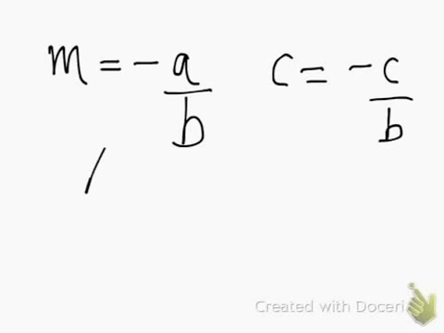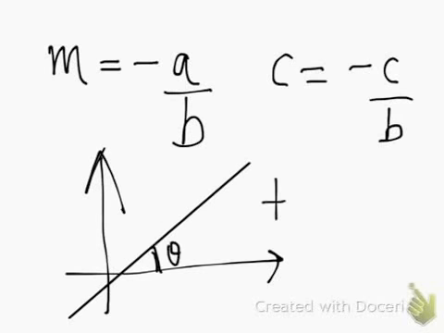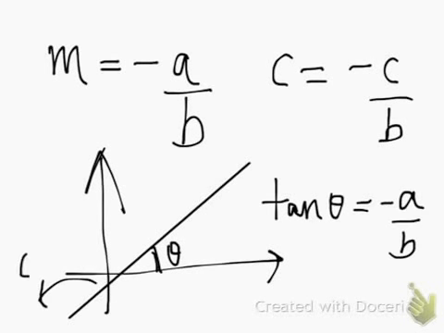So what does it mean? It means that if we draw the coordinate axes and we draw a line here, and this angle is theta, then tan of theta is equal to minus a by b, and this thing here, which is the intercept, is equal to minus c by b.